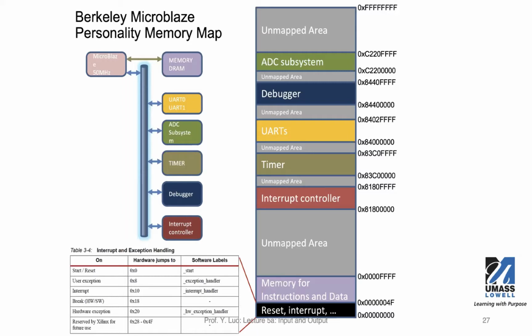So don't be puzzled or confused by this memory mapping. Here I just want to use it as an example to show you what we mean by memory map, and how we can possibly find these different resources.